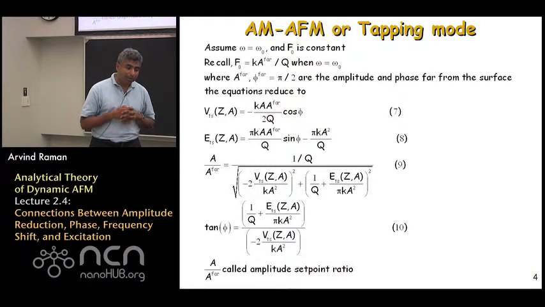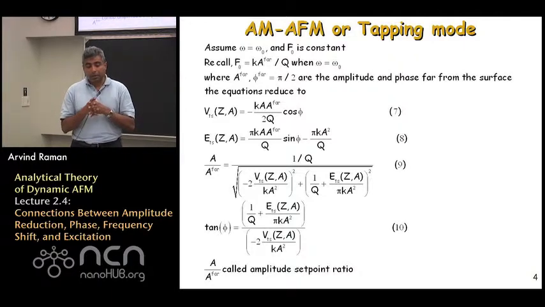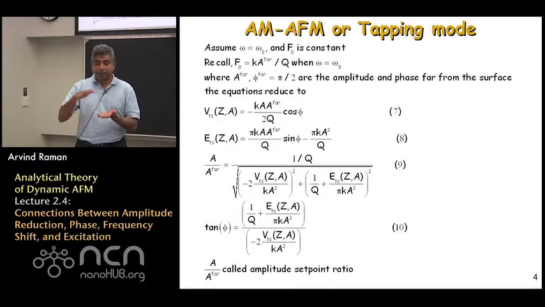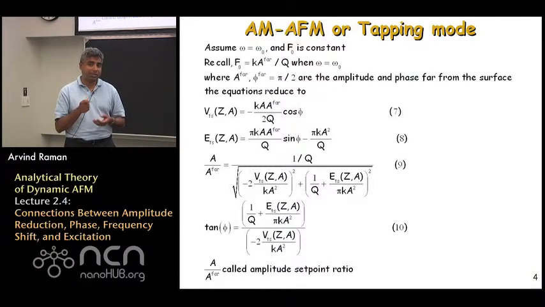First of all, when one works on AM-AFM, one tunes the cantilever far from a sample and chooses a drive or excitation frequency omega equal to omega naught. This is typically the case. Sometimes we may want to have it slightly off omega naught, but for the moment, as far as the theory is concerned, let's focus on the case where omega equals omega naught, and we keep the excitation magnitude F naught constant.